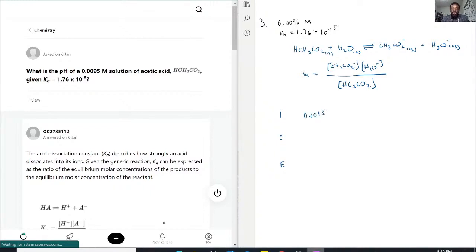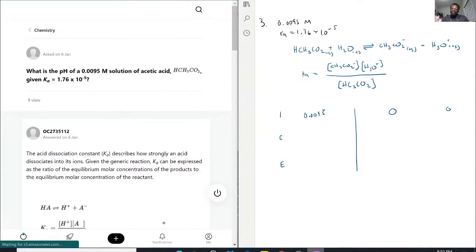So bringing it down exactly, we said we were given 0.0095 concentration of acetic acid. And water doesn't count, we can just cross that out. And now, for the CH3CO2 minus, the conjugate base of acetic acid, we just assume that we started at 0. And same thing with the hydronium, that we just started at 0.